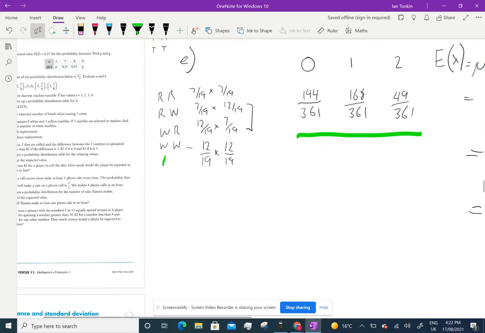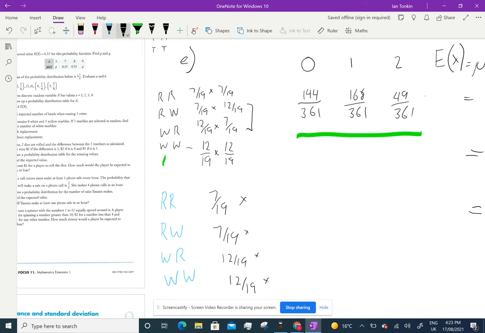Now, the probability without replacement, so a red and a red, a red and a white, a white and a red, and a white and a white. Well, the first probability stays the same: 7 on 19, 7 on 19, 12 on 19, 12 on 19. But when I'm choosing the second one and I'm going to multiply these, I'm not putting the first counter back.